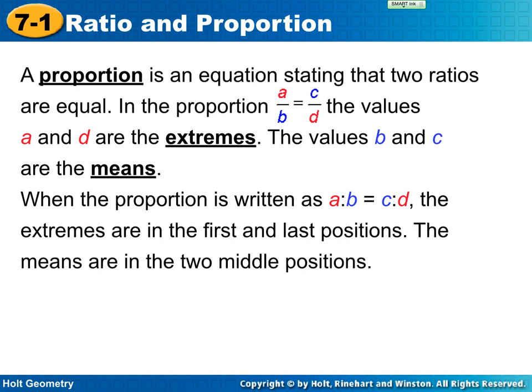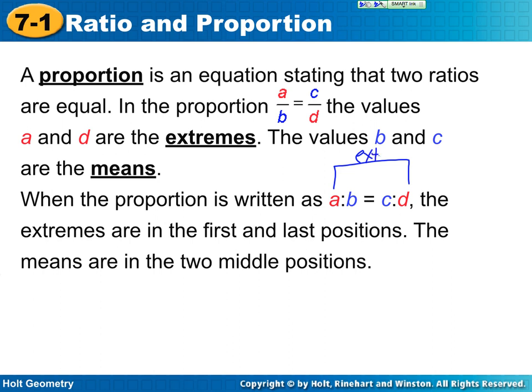Now, if you want a way to remember which are the means and which are the extremes, write that same proportion with the colon, A to B equals C to D, and then apply what does the word extreme mean? And what does the word mean mean? In Nebraska, we have extreme temperatures, really cold, really hot. So the numbers on the outside, in this case the variables, the A and the D on the outside of that proportion written this way, those are the extremes.